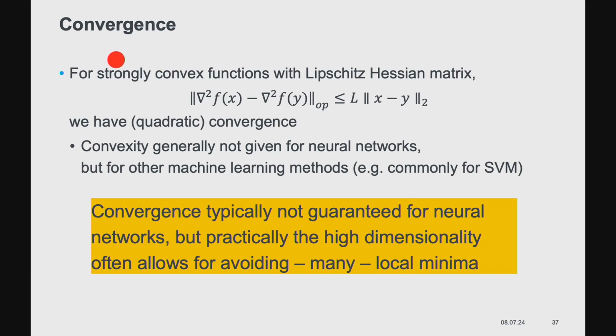But as also said here, this convexity is not generally given for neural networks. SVM is mentioned here, actually. So this convergence is typically not guaranteed for our neural networks.